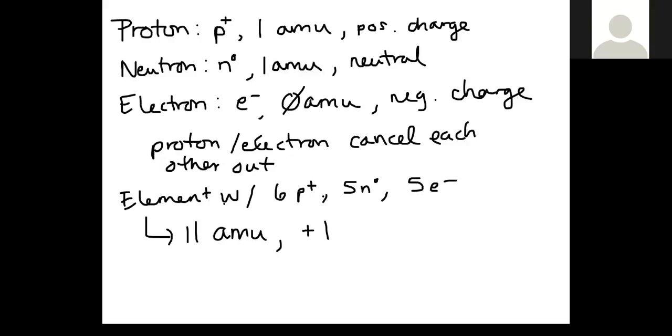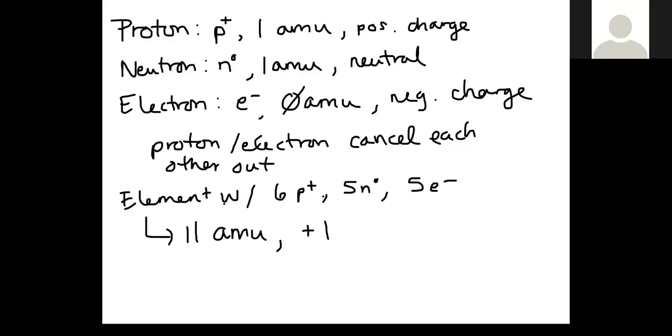So generally we just gain and lose electrons. When you gain an electron, is your element going to become more positive or more negative? More negative, because an electron has a negative charge. So if this element gained an electron, it would become more negative, it would become 0.